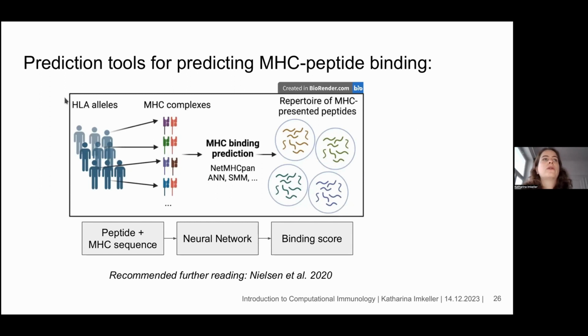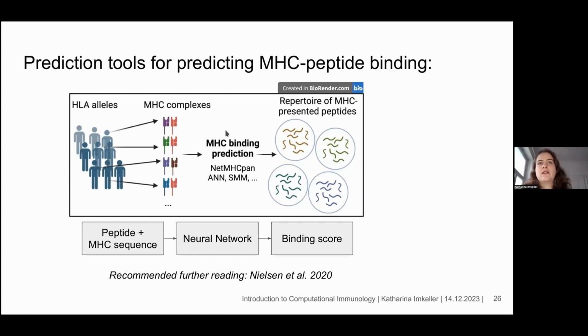And a typical workflow would look like this. So you use your genomic data from your patient cohort to annotate the HLA alleles and to type the HLA alleles. For this, you can use the resources that I've mentioned before, and you get the names and the protein sequences of the MHC complexes that are present in each of the donors.